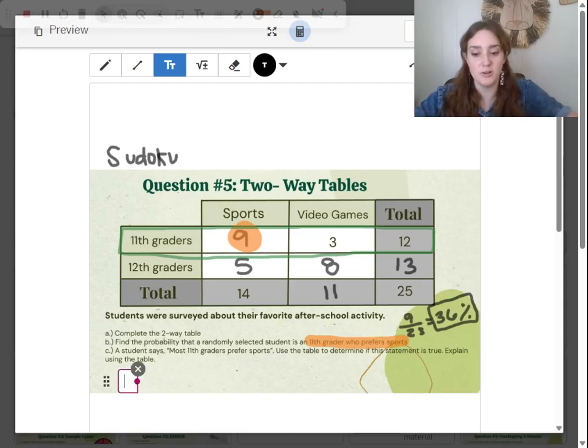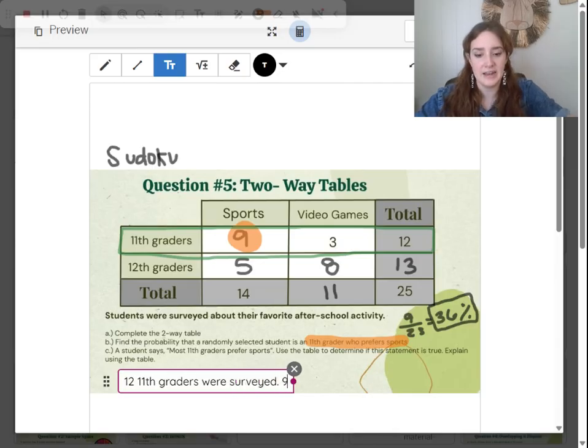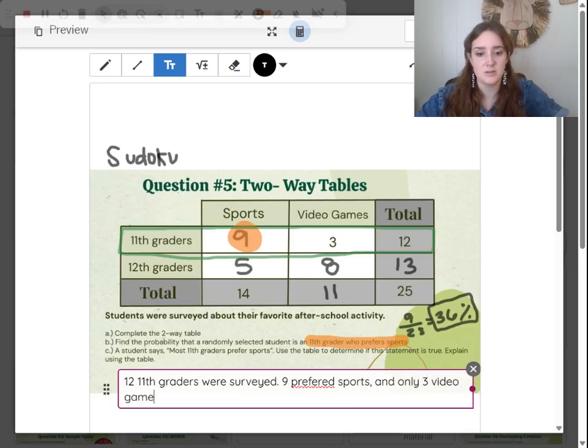But just looking at 11th graders, using the table, we'll say 12 11th graders were surveyed, 9 preferred sports, and only 3 video games.